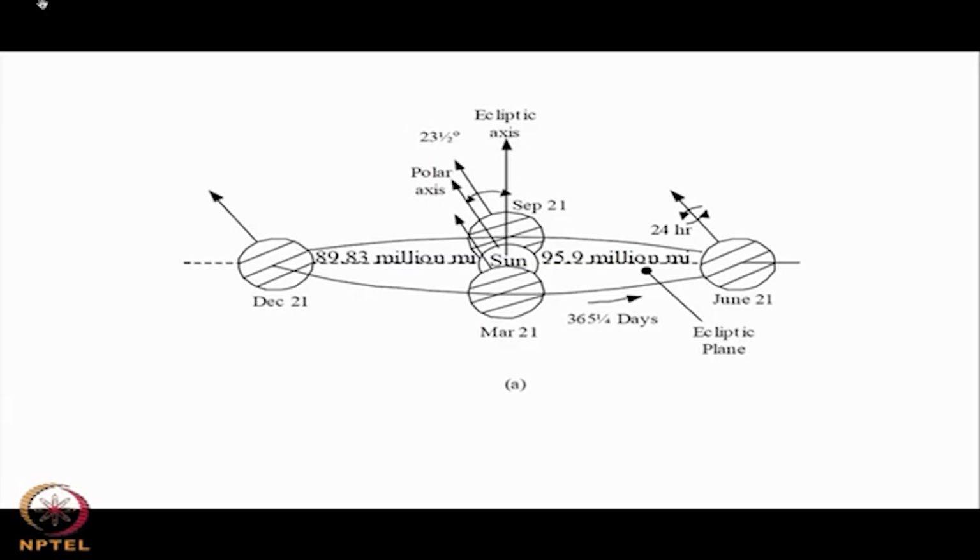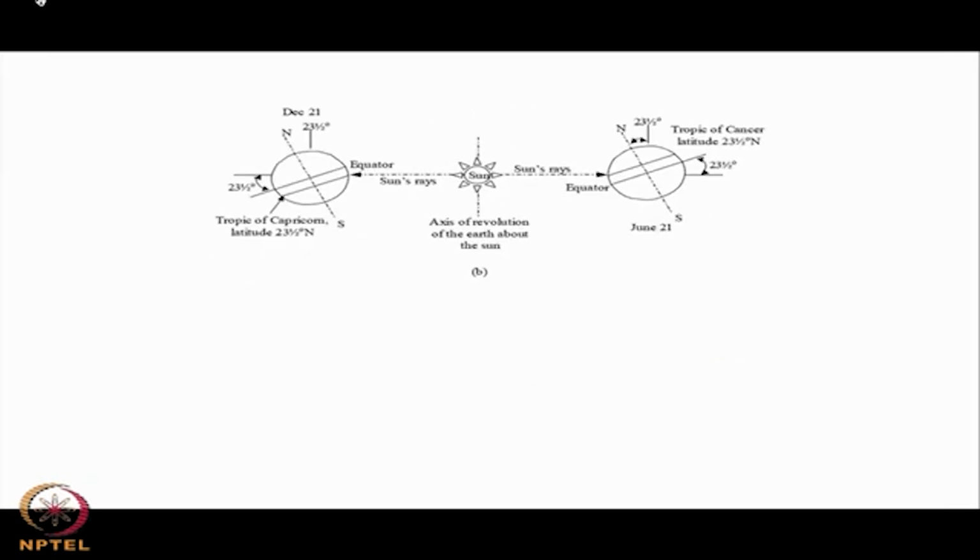So, this is the one that indicates how earth goes around the sun and the tilt of the angle. This is the best I could draw with whatever Word Art provided, and you have a lot better pictures, including actual 3D video clips. You can find out how it changes with the season.